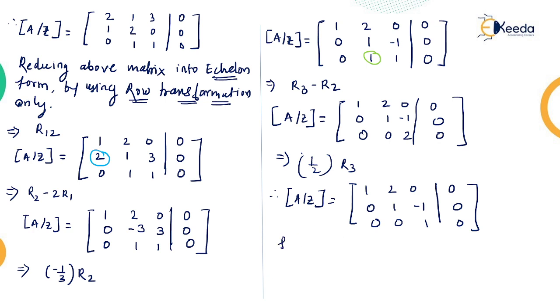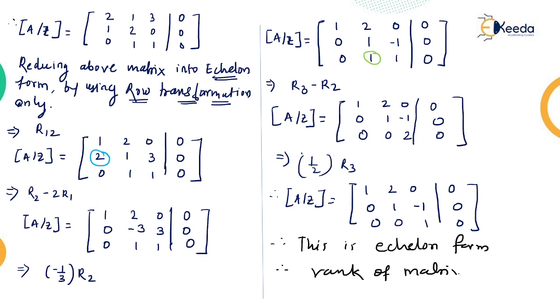Since this is echelon form, nothing changes in this matrix now. So we have to compare the ranks of the matrices. Let's see how to do that.